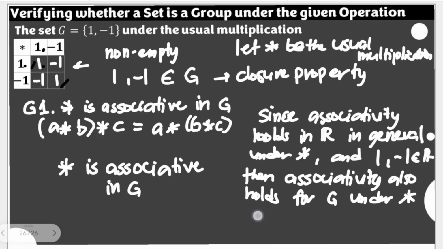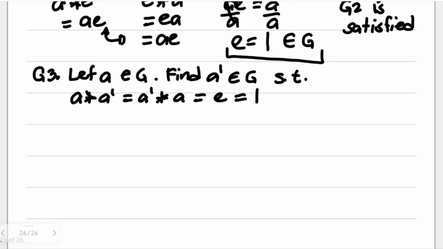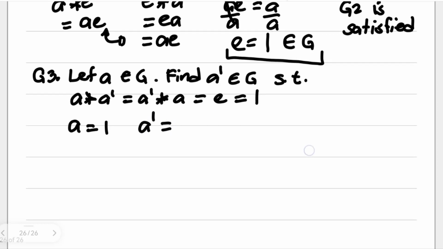And at the same time, this is very important as we look for our inverse, because now that we have two elements in G, we have an inverse for each of the elements. So if our A is equal to 1, its inverse is something that when we multiply with 1, you'll get a result of 1.